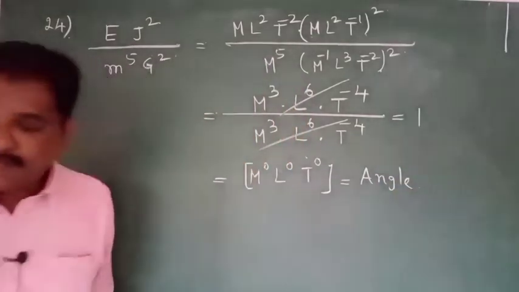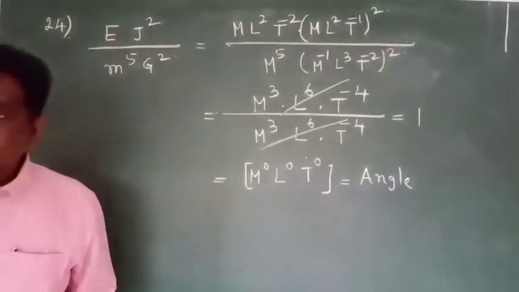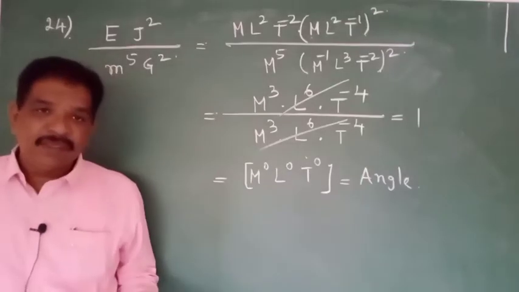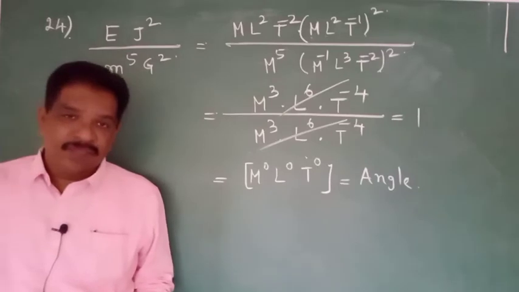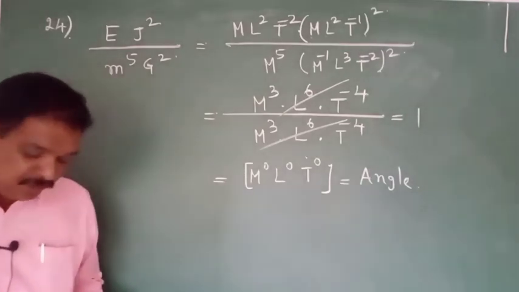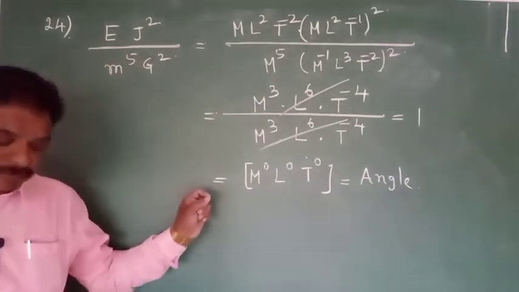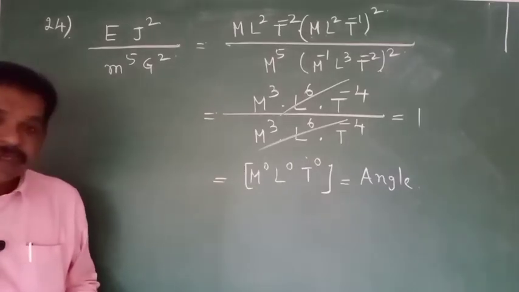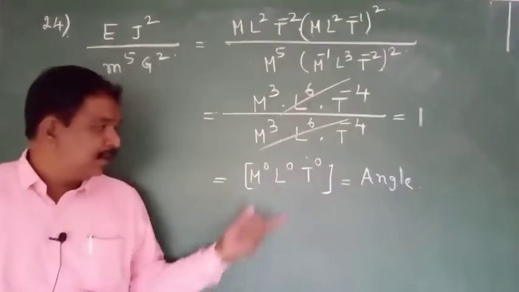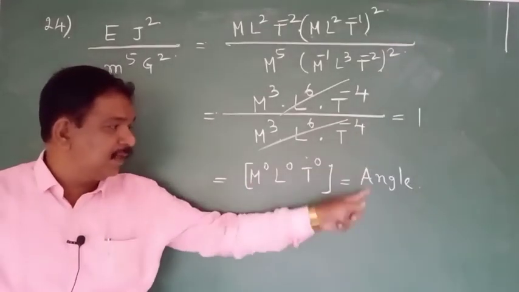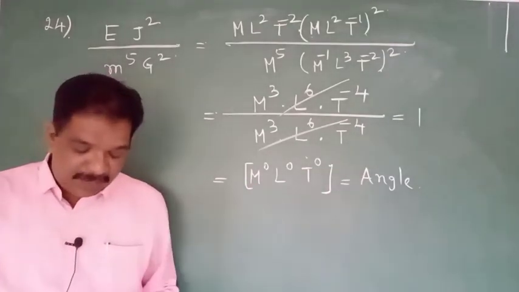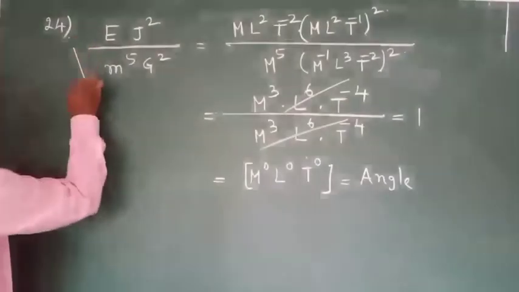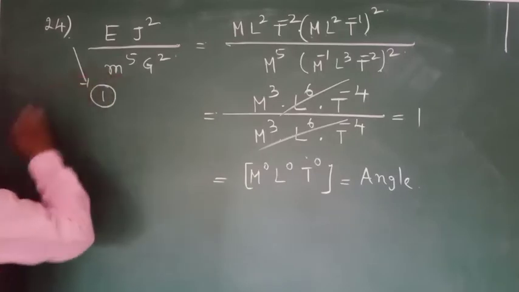Observe the given quantities and the given options. First one is angle, meaning no dimensions. Second one is length, whose dimension is L. Mass dimension is capital M. Time dimension is capital T. Nothing else came, only one came. So the option will be angle. Question number 24, it will be the first option.